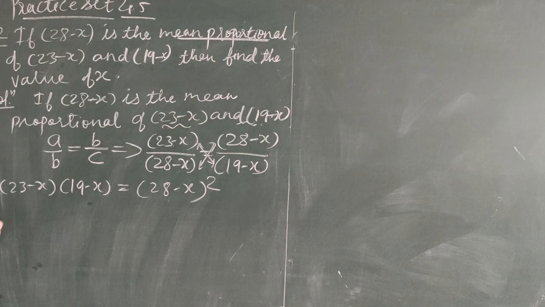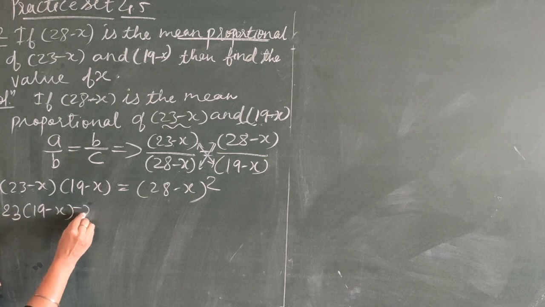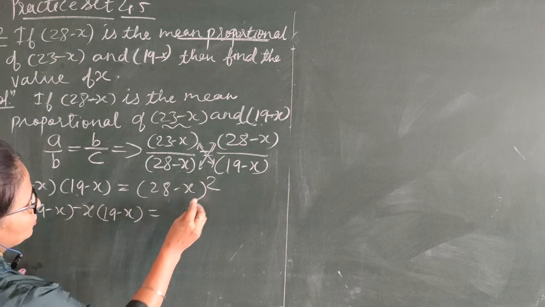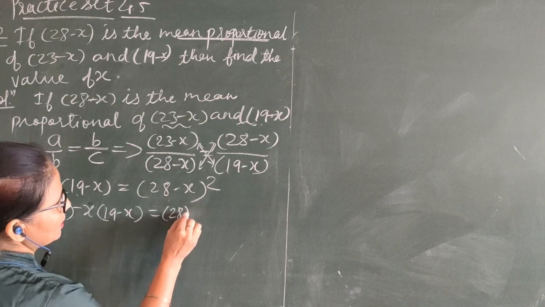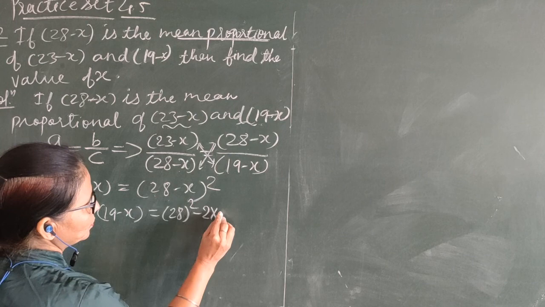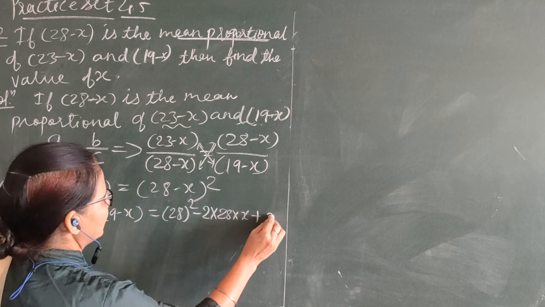Now you know how to simplify, as we have solved in the first example. So this is (23 minus x) into (19 minus x) is equal to a square minus 2ab, that means a square minus 2 into 28 into x plus b square, that is x square.